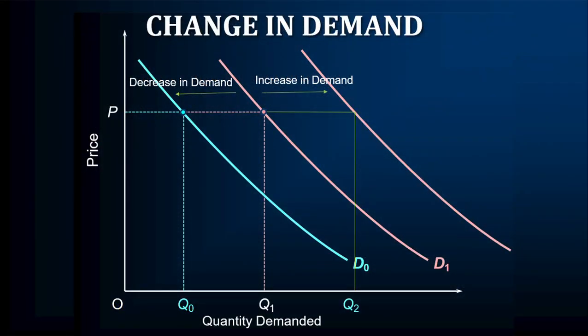So for change in demand, this is what happens. The price is constant, but maybe an increase in income has caused an increase in demand. What happens is there is a rightward shift of the demand curve. A rightward shift of the demand curve represents an increase in demand, and a leftward shift of the demand curve represents a decrease in demand.